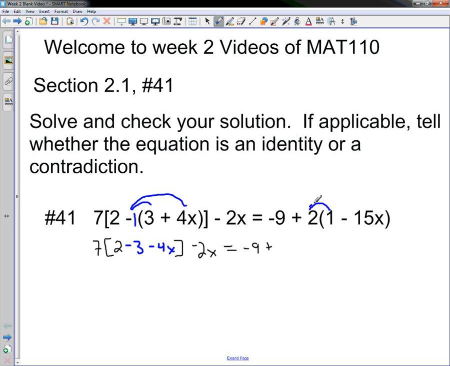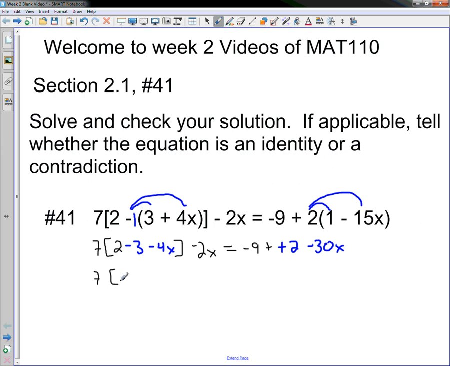a positive 2 inside. So we get plus 2 minus 3x. We've distributed a positive 2 into both of those. We can check to see, do we have any like terms? Well, 2 minus 3 inside my brackets, those are like terms.